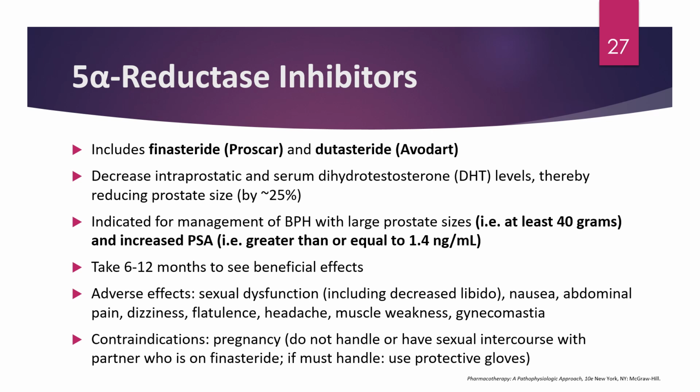One big contraindication with the 5-alpha reductase inhibitors is patients who are pregnant. Now, you may be asking, Dr. Broussard, why are you talking about pregnancy? These patients are male. And yes, they are male patients. However, these patients may actually be having sexual intercourse with female patients or other patients.